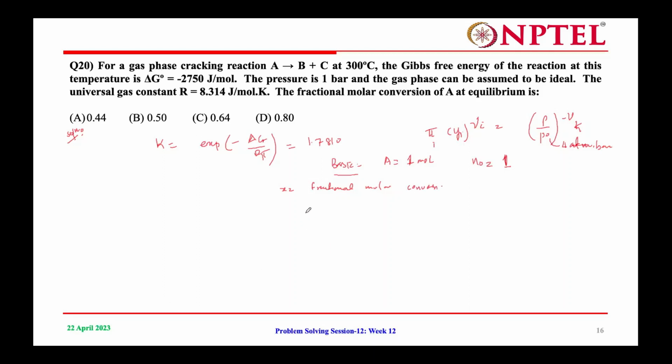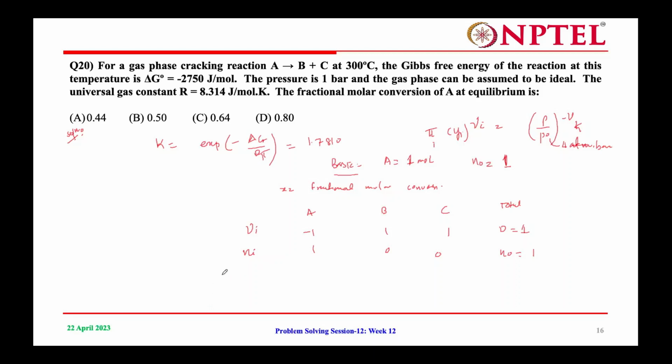So these are the species A, B, C, with stoichiometric coefficients -1, 1, 1, right? The initial moles are 1, 0, 0, so the total is 1.